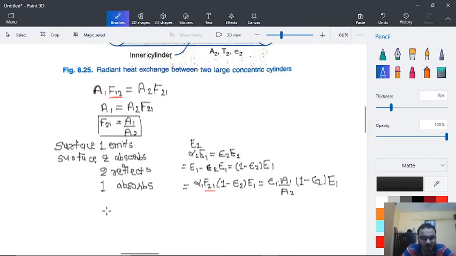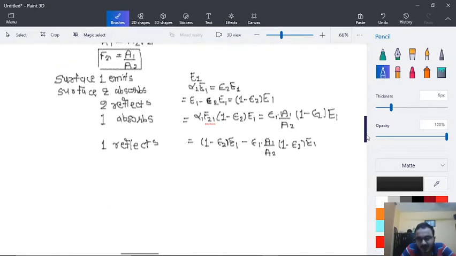So now again, this is the value that we have obtained, E1 into epsilon 1, 1 minus epsilon 2, A1 by A2. Now we will take care of what surface 1 reflects. Previously it was this value, 1 minus epsilon 2 into E1 minus epsilon 1 into A1 by A2 into 1 minus epsilon 2 E1.